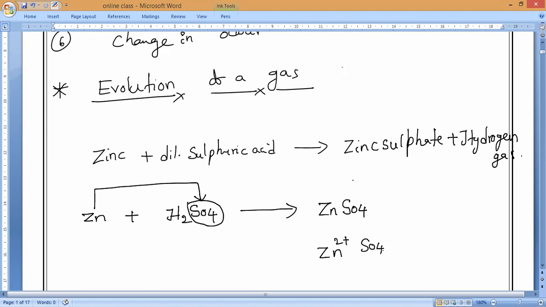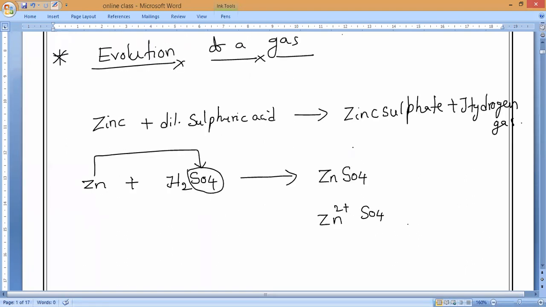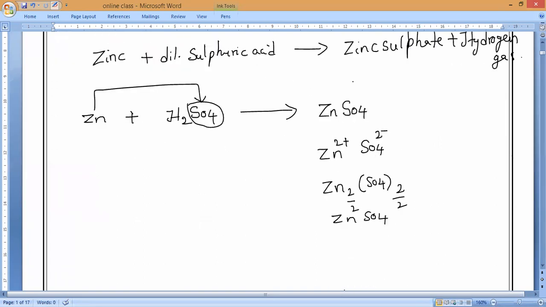SO4, what is the valency? 2 minus. Very good. So they cancel, and Zn2 SO4 twice will come. Both are 2, so it will be simplified into ZnSO4. Yes or no? You should know that.